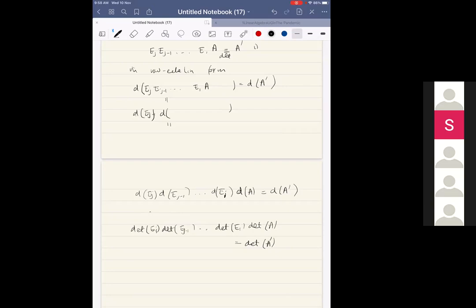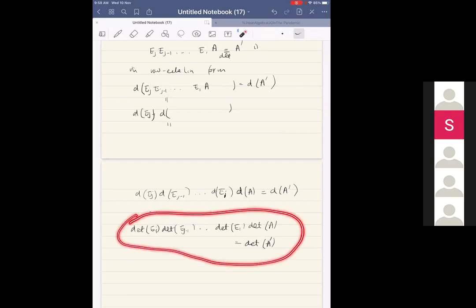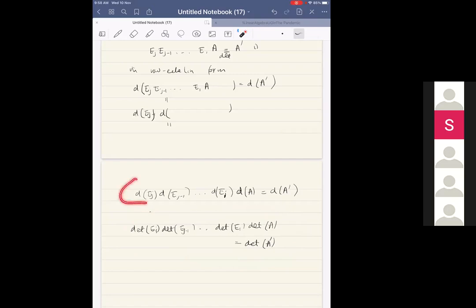Yeah. So now look at these two equations. So det satisfies this equation because det satisfies properties 1 to 3. D satisfies this equation because it also satisfies properties 1 to 3.